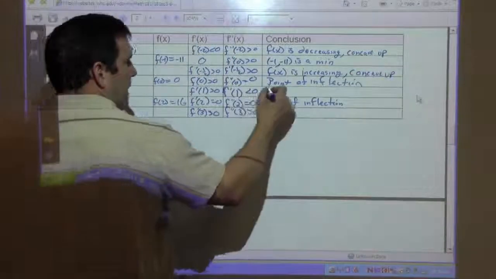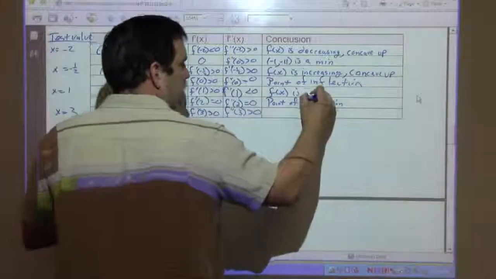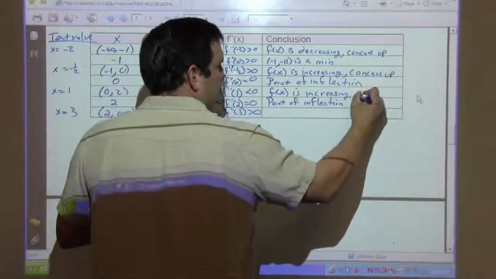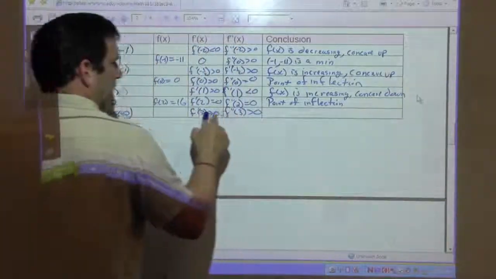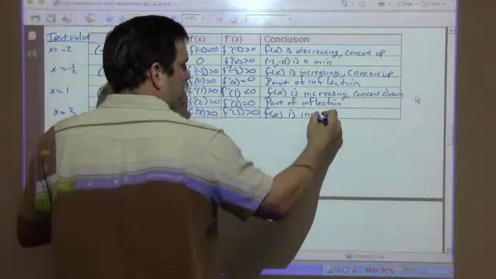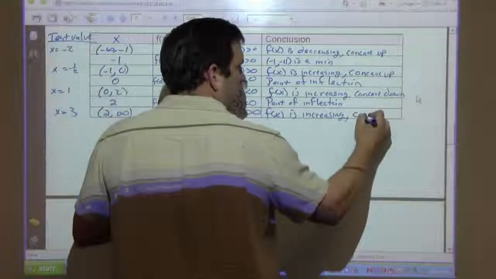In this interval, f of x is increasing, but it's concave down. In this interval, f of x is increasing, and it's concave up.